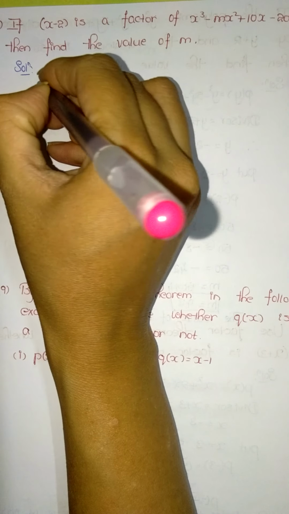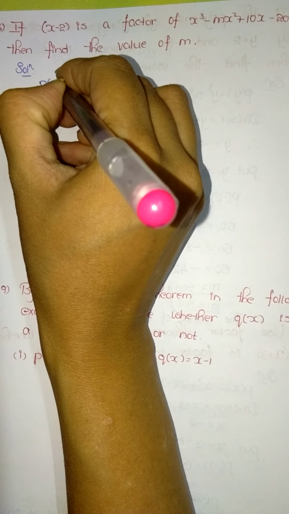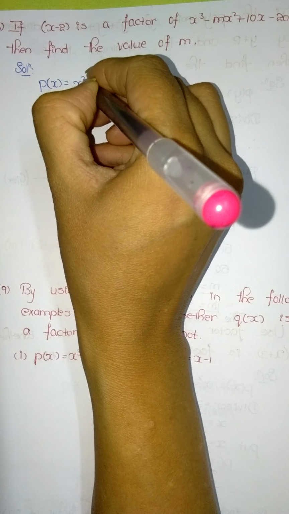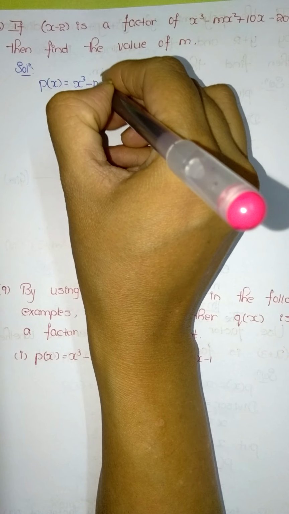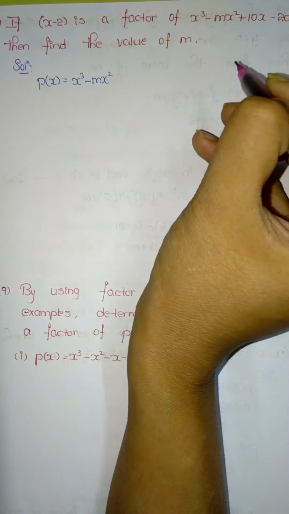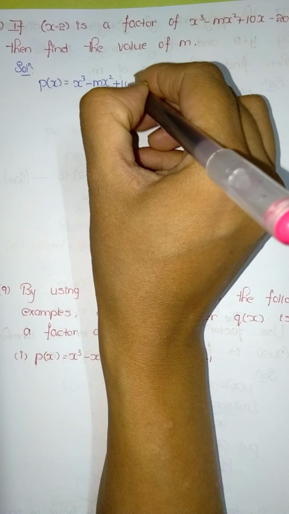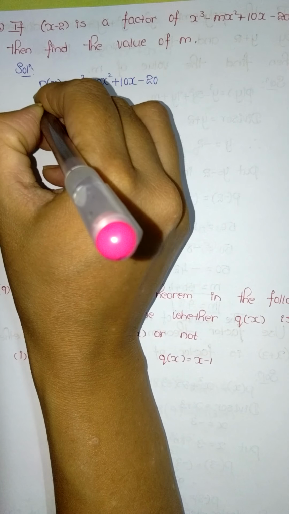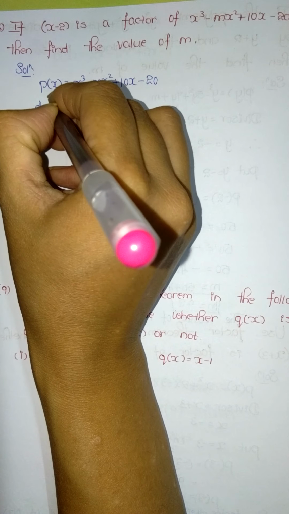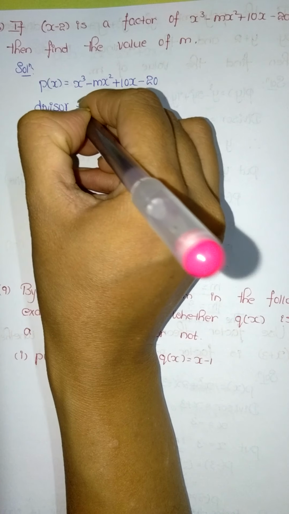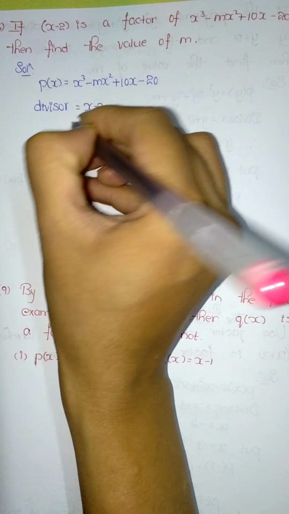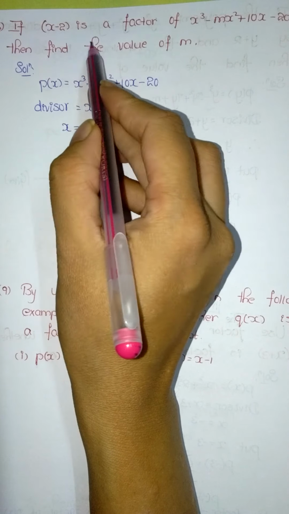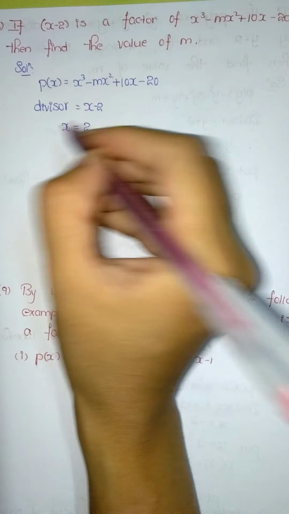Already they have given p of x equal to x cube minus mx square plus 10x minus 20, and the divisor equal to x minus 2. So x equal to plus 2, and already they have given that x minus 2 is a factor of this one.